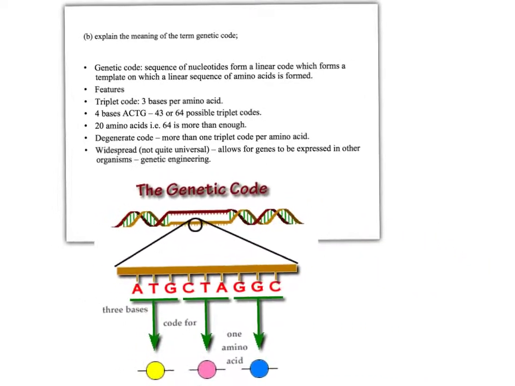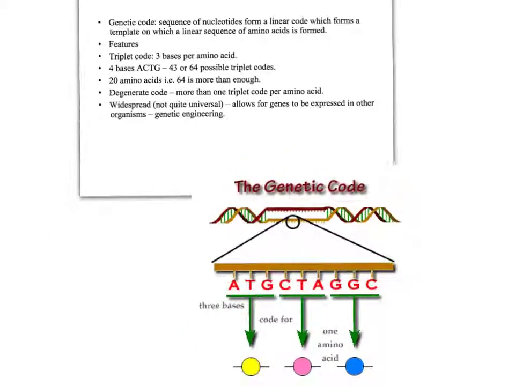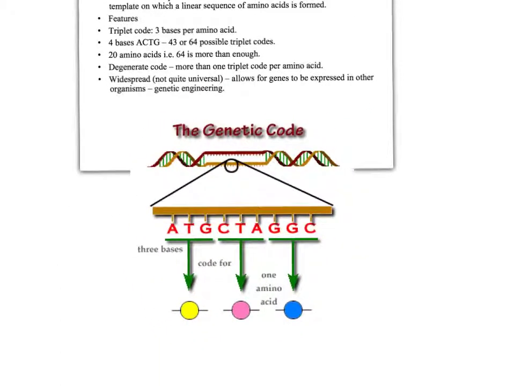First of all here, the idea of it being a linear code. It's a linear sequence of bases, here, which results in a linear sequence of amino acids here. So a linear sequence here leads to a linear sequence of amino acids here.